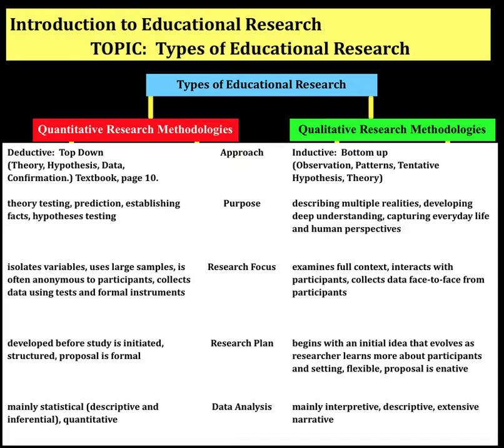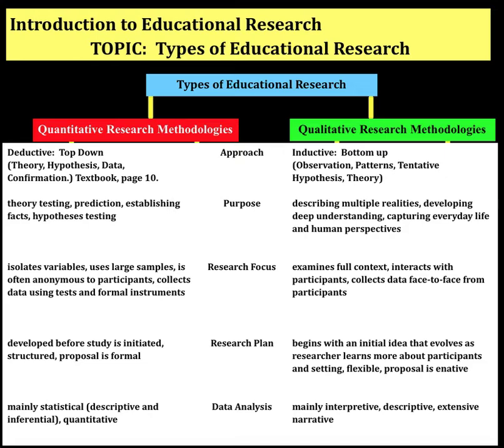Now, on the quantitative side, quantitative research methodologies work from a top-down framework. You can see in your textbook on page 10, there's a very good graphic. So quantitative research methodologies start out with a theory, and from that theory, a hypothesis is developed.